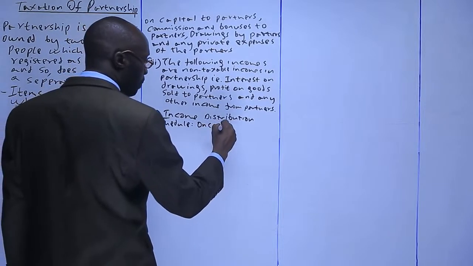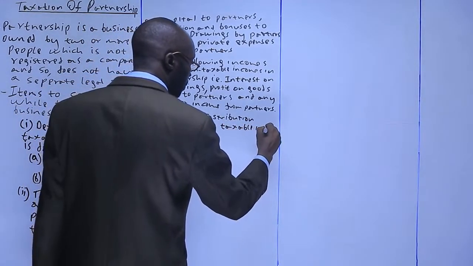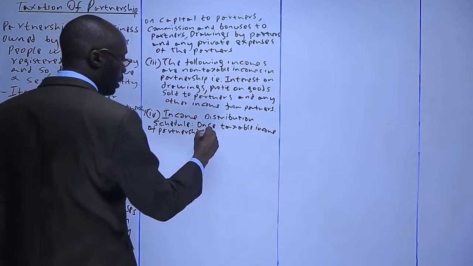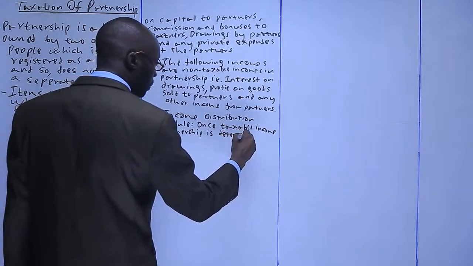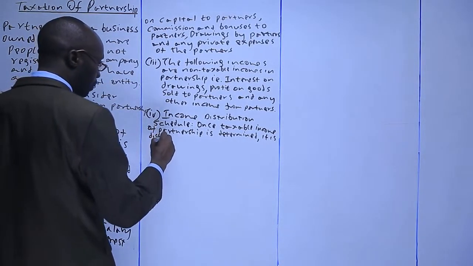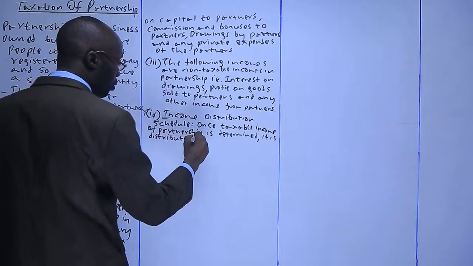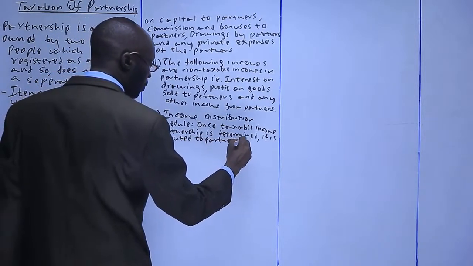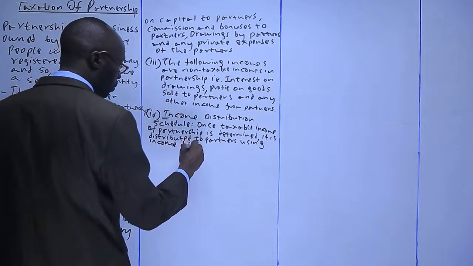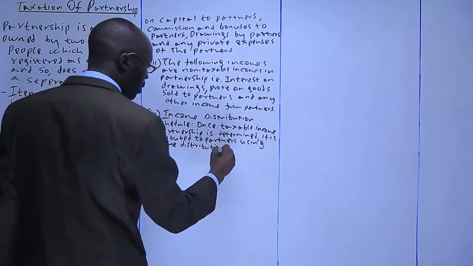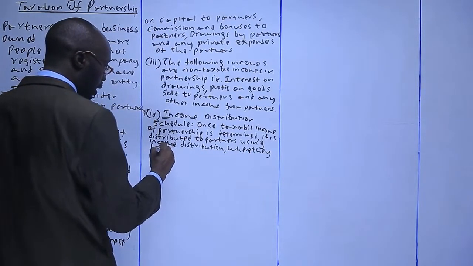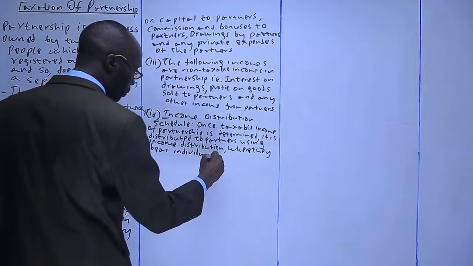Once taxable income of partnership is determined, it is distributed to partners using the income distribution schedule, where they bear individual tax burden.